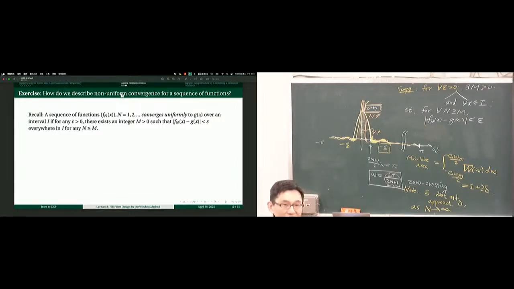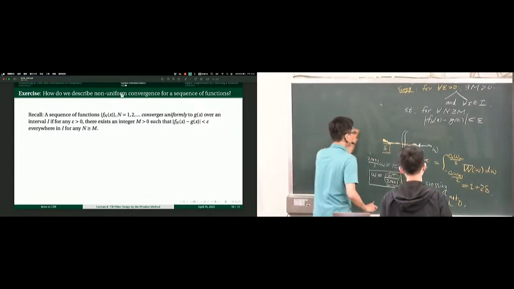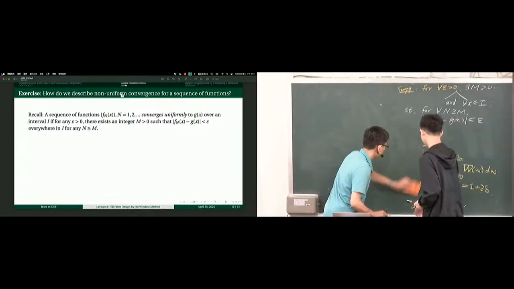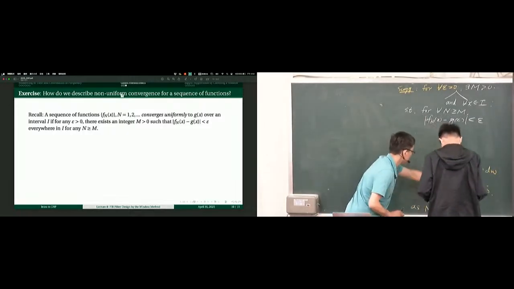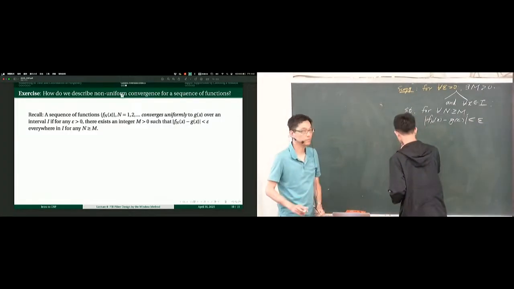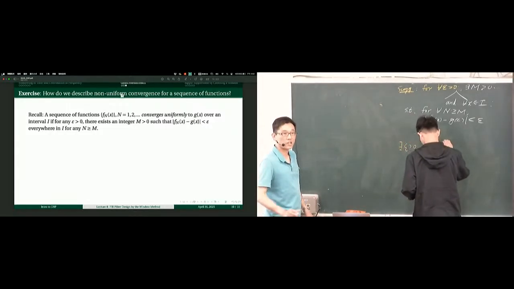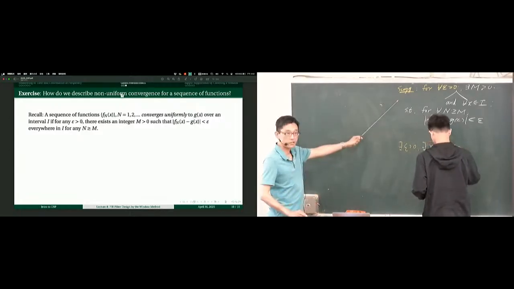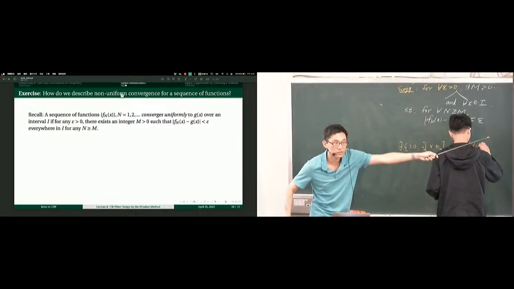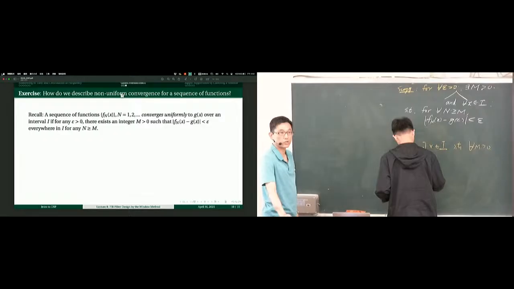You can come up and write, okay? I can erase these. So how would you modify the definition? Give it a try. Now we talk about the kind of convergence which satisfies this definition but does not satisfy that definition. That's the kind of convergence we are trying to describe.